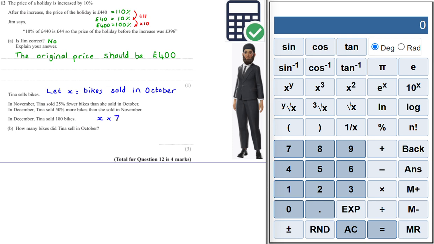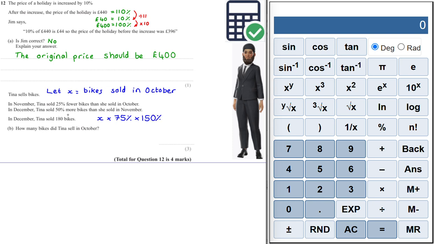Multiply by 75%, and then in December we sold 50% more, so 50% more than 100% works out to be 150%.